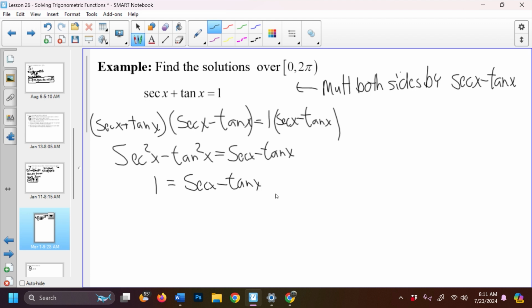And I know that that does not look like I'm getting anywhere, but now I have two separate values that are both equal to 1. So I can set them equal to each other and say secant x plus tangent x is equal to secant x minus tangent x.